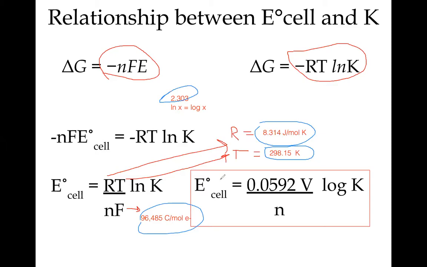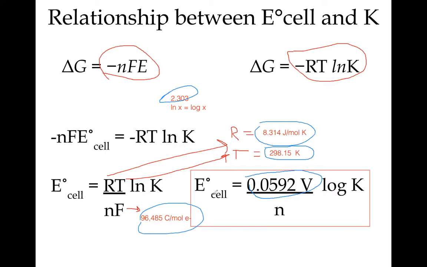And when you multiply all those together, you get 0.0592 log K. All right. Hopefully that made sense. If not, we can try it again in lecture and lab.